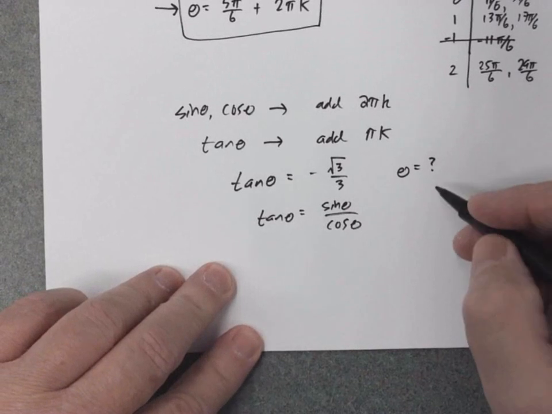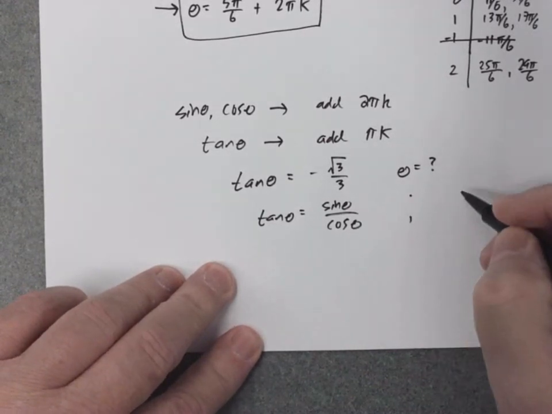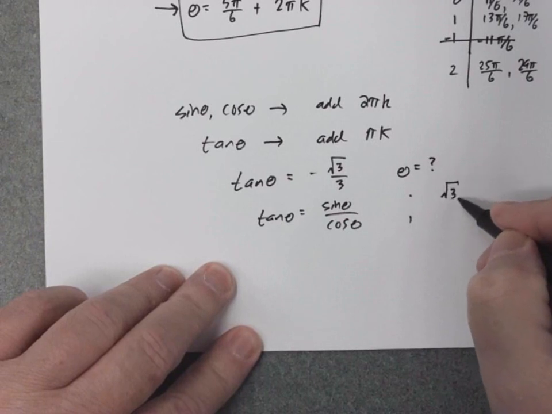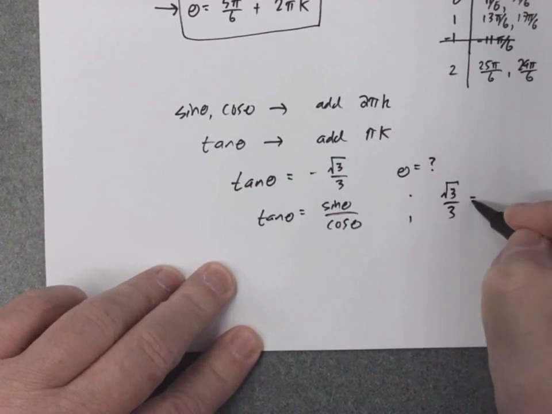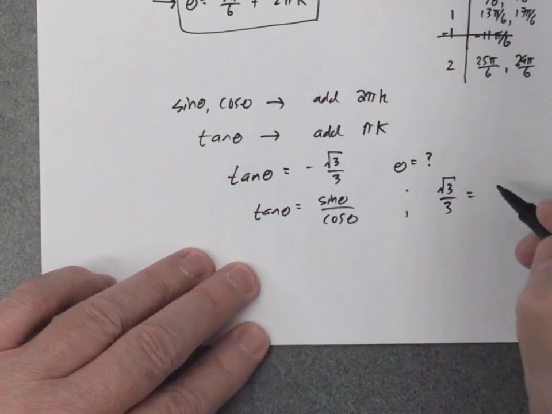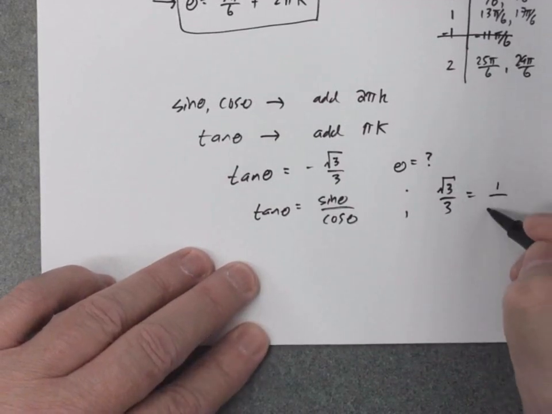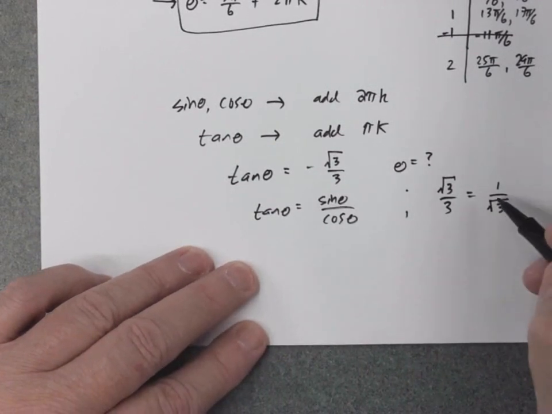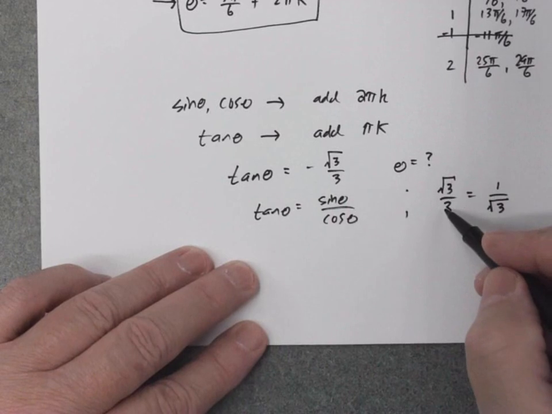So you do this enough and you realize pretty quickly there's some algebra that we need to understand. There's another way to write this fraction, and this is going to help to solve these problems. 1 over square root of 3 is the same thing as square root of 3 over 3.